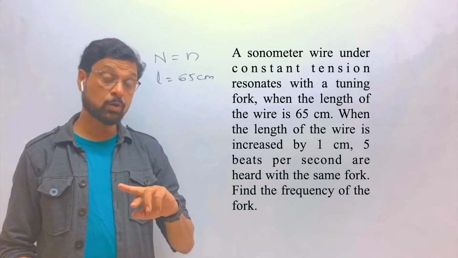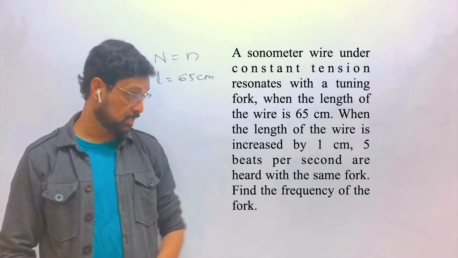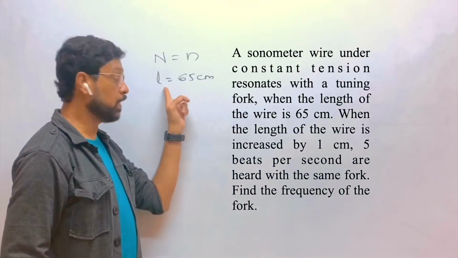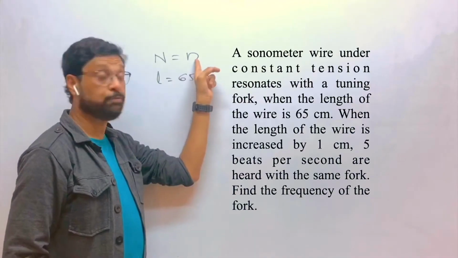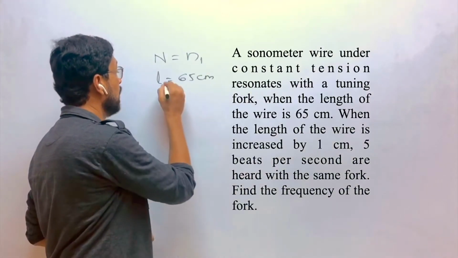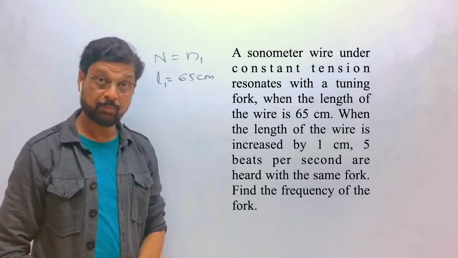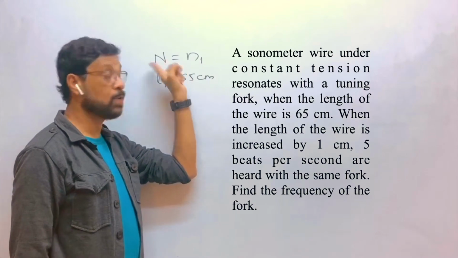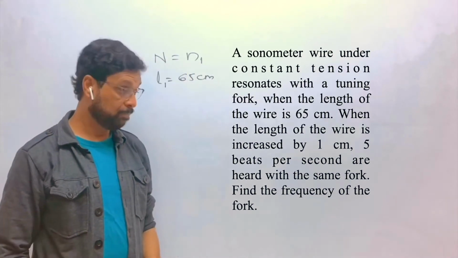When the length of the wire is increased by 1 centimeter, the length changes, means the frequency of the wire will change. So this was N1 and this was L1. When the length was 65 centimeter, the wire resonates with the tuning fork.